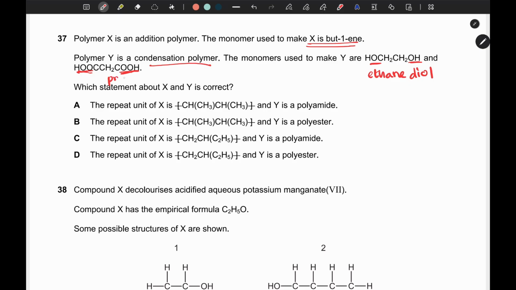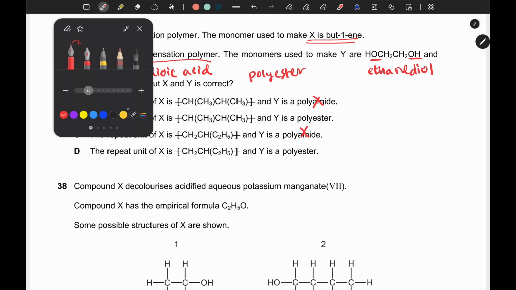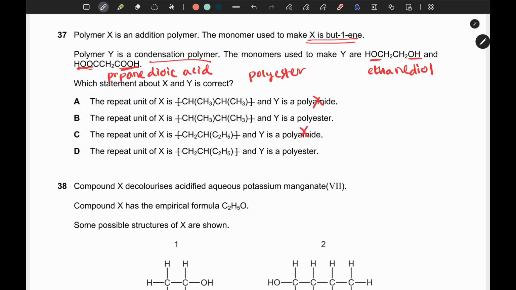So that's propane dioic acid. So ethane diol and propane dioic acid would form a polyester, as an acid and an alcohol always form an ester. So any option that mentions polyamide is wrong. So we look at B and D.